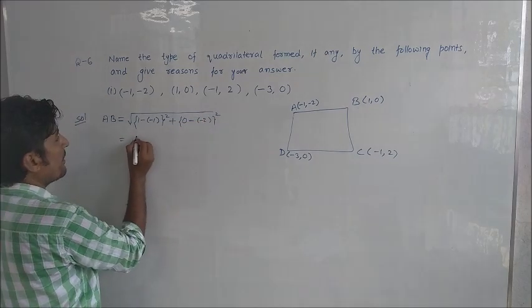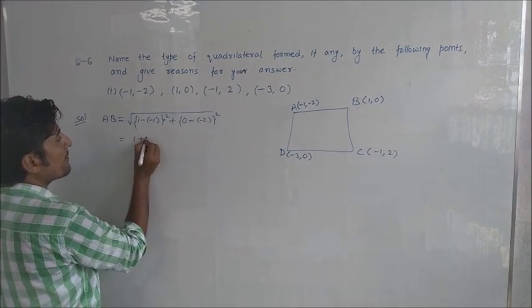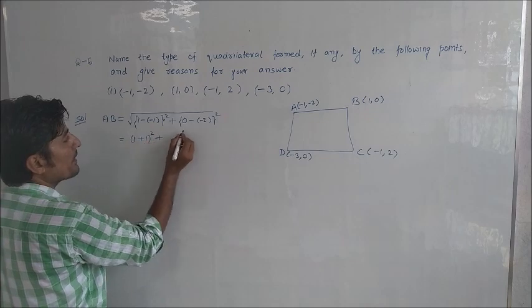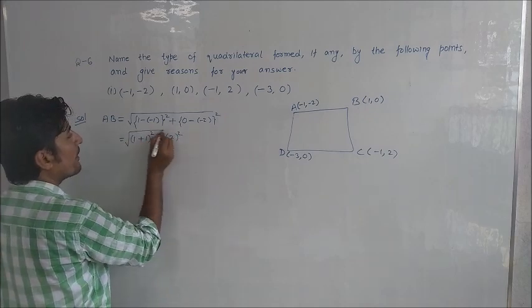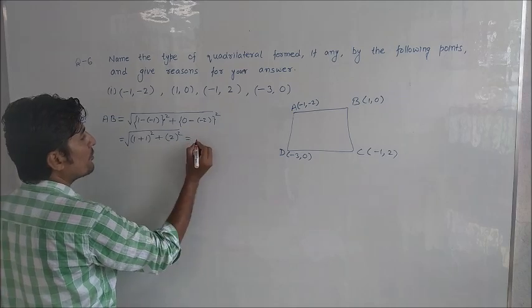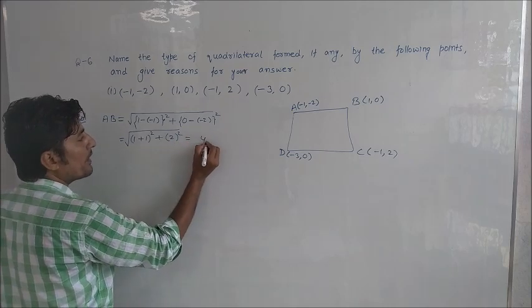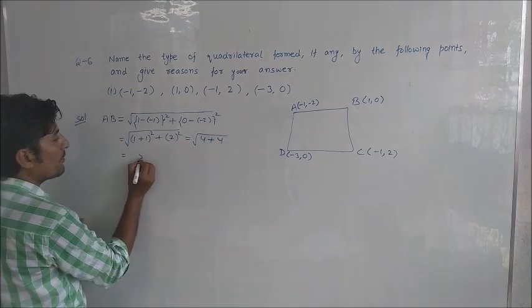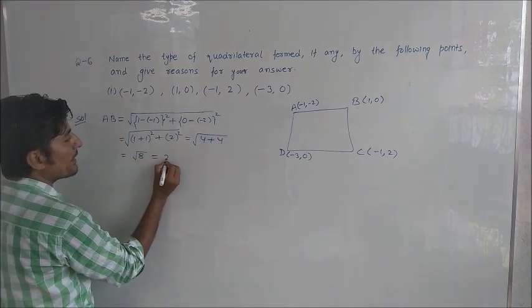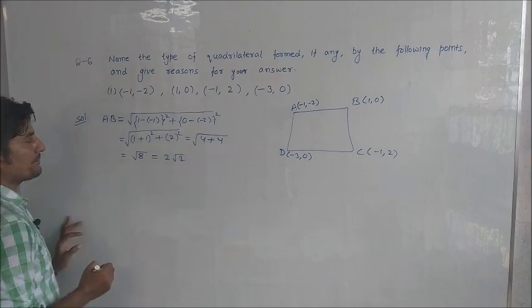So here we can write (1 plus 1) whole square plus 2 whole square. 1 plus 1 is 2, 2 square is 4, again 2 square is 4, and here we can write under root 8, which can be written as 2 under root 2.